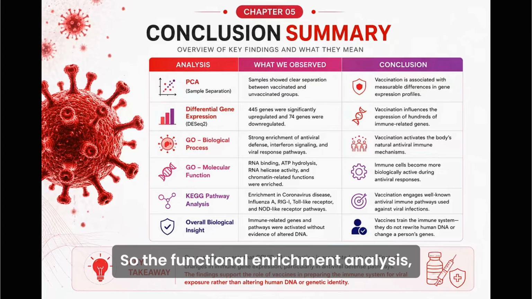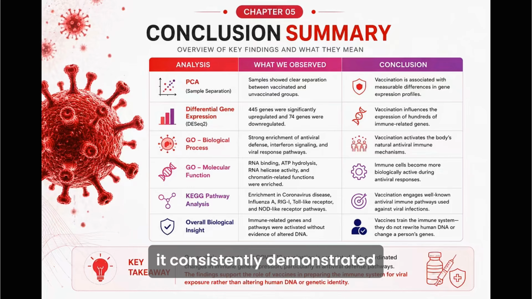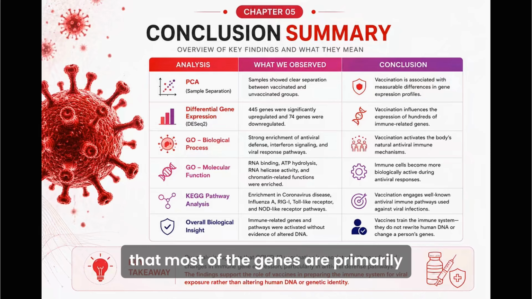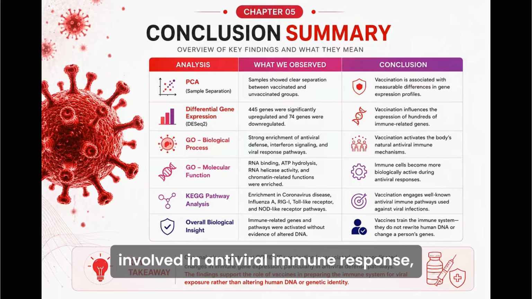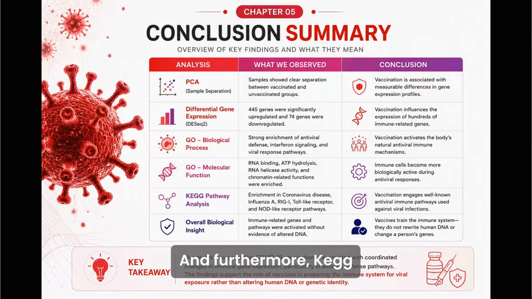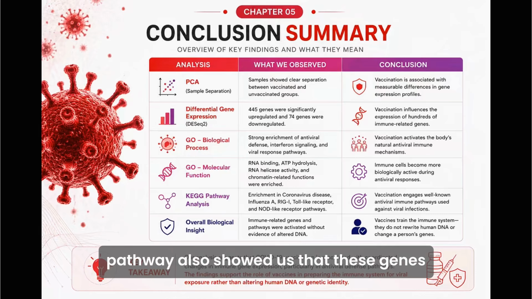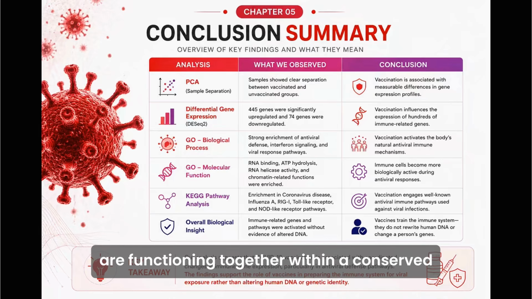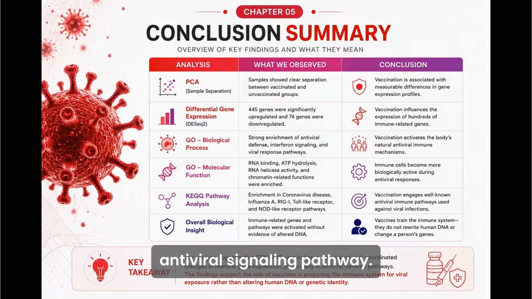So the functional enrichment analysis consistently demonstrated that most of the genes are primarily involved in the antiviral immune response, particularly type 1 interferon signaling. And furthermore, the KEGG pathway also showed us that these genes are functioning together within a conserved antiviral signaling pathway.